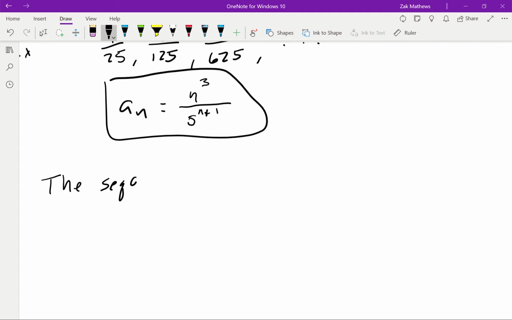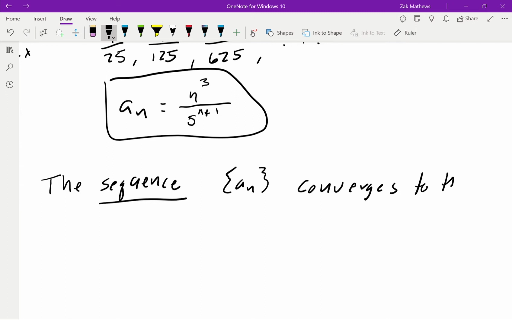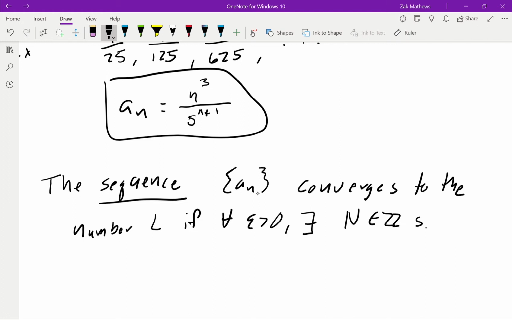The sequence a_n, so remember that a_n indicates our sequence name, and then the brackets indicate we have the set of all those numbers, converges to the number L if, for all epsilon greater than 0, there exists an N in the integers such that the absolute value of a_n minus L is less than epsilon is true when little n is greater than big N.